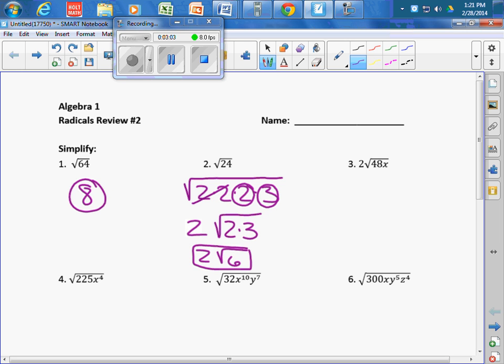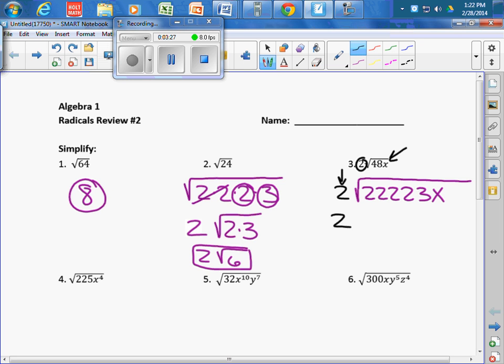In number 3, this 2 stays in the problem. We need to find the prime factors of 48x. The prime factors of 48x are 2 times 2 times 2 times 2 times 3, and then we have the x. Well, this 2 stays out.